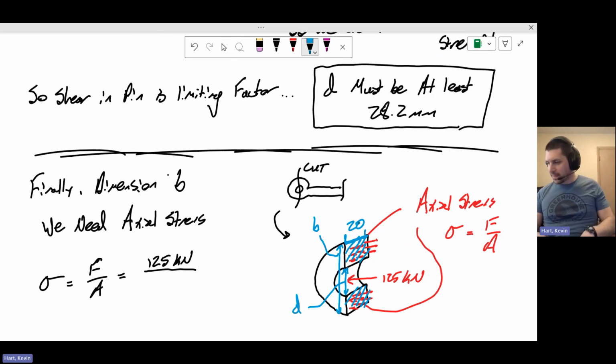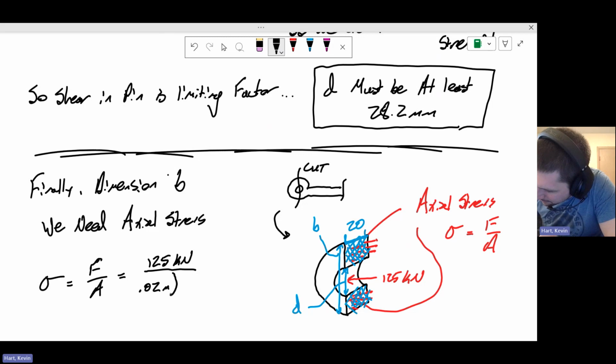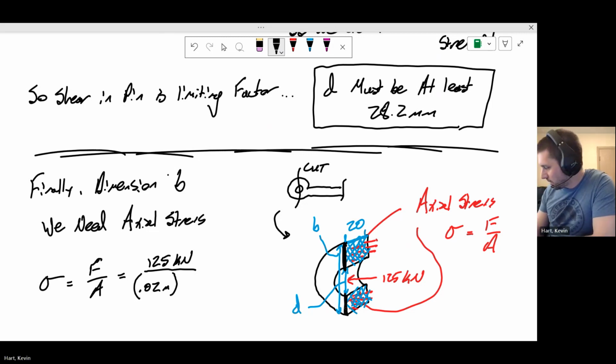And so when I think about how am I going to calculate this cross-sectional area, well, I can just come up with a formula for that. And that is the width here, or the thickness of the page, 20 millimeters, so 0.02 meters, times this length and this length together, which is the variable b minus the variable d. So should be pretty simple there.